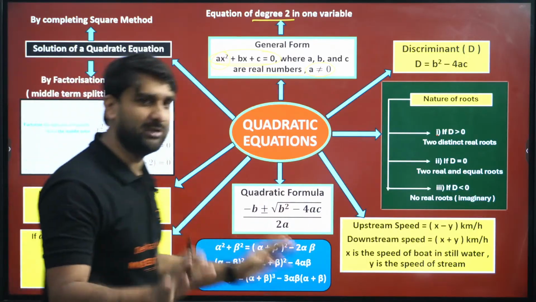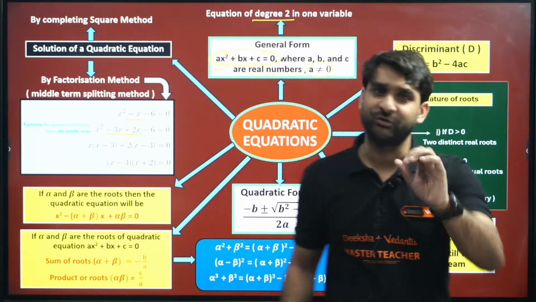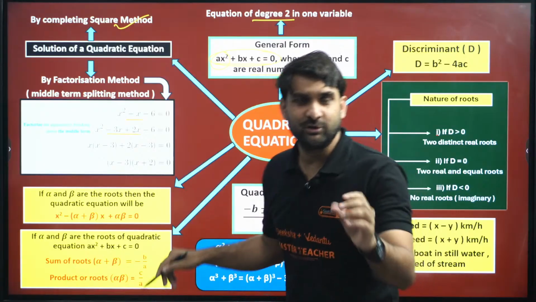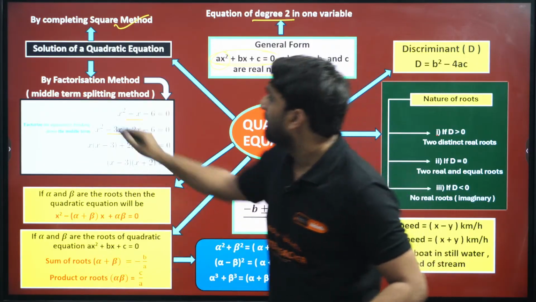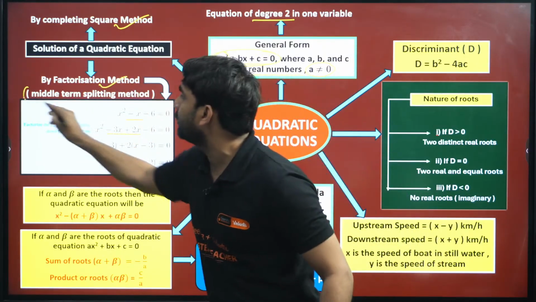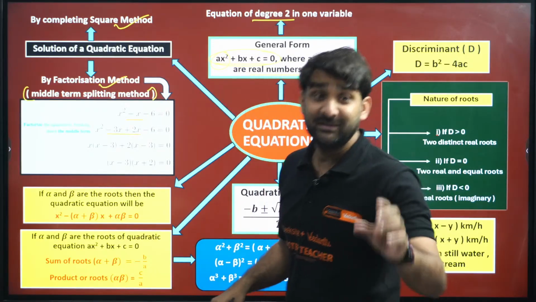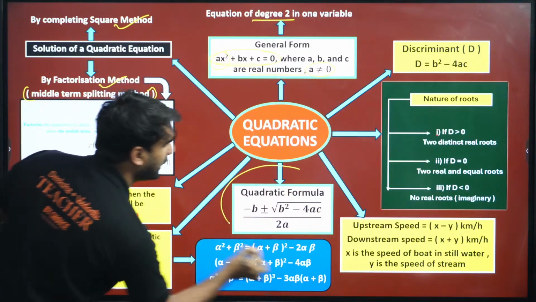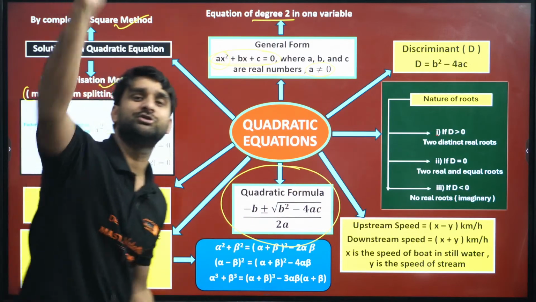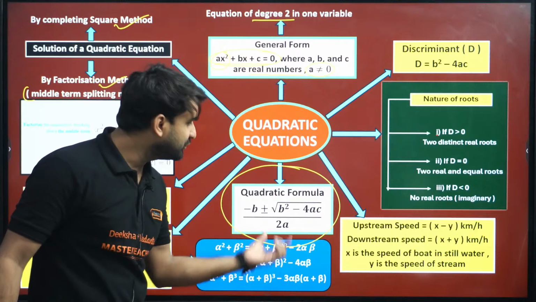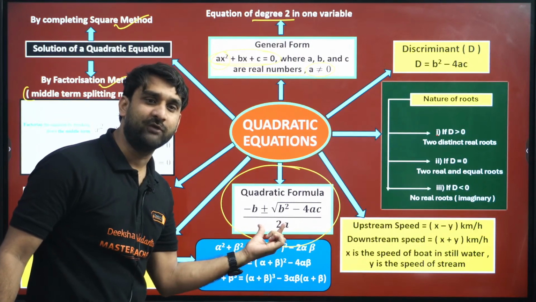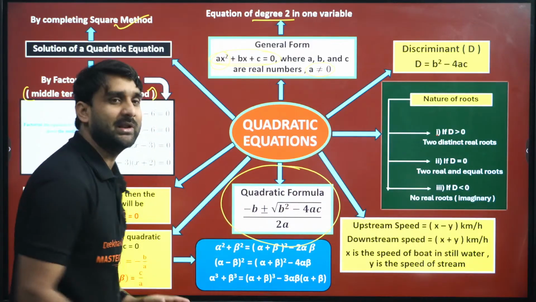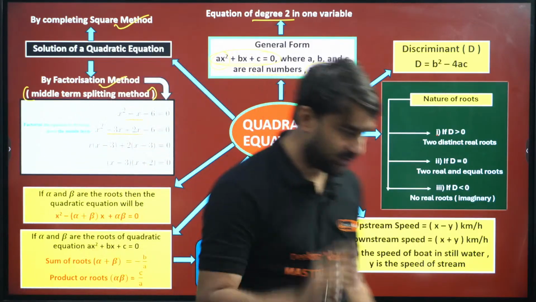There are basically three methods. First, the completing the square method, which is not in your syllabus this year. Second, the factorization method, also called the middle term splitting method. And there is one more magical method, the quadratic formula. You can directly use this formula to find the zeros of any quadratic equation. This is a very magical formula. You just need to put the values of a, b, c, and you can directly get the value of x in any quadratic equation.